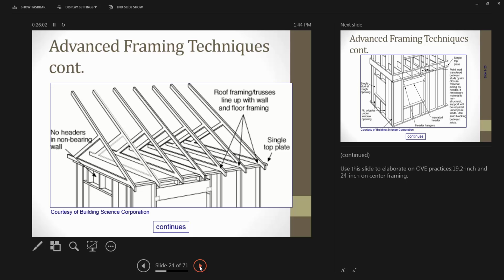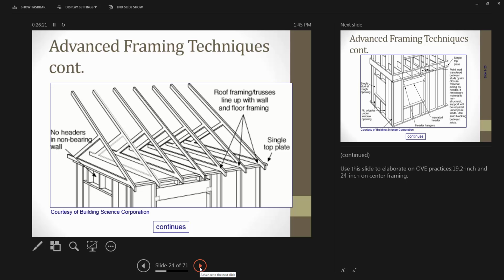but the whole concept is to try to keep all of your framing members aligned. And we'll talk a little bit more about roof trusses in a minute, but they're bearing the weight of the roof, and so they really have to have support underneath them.